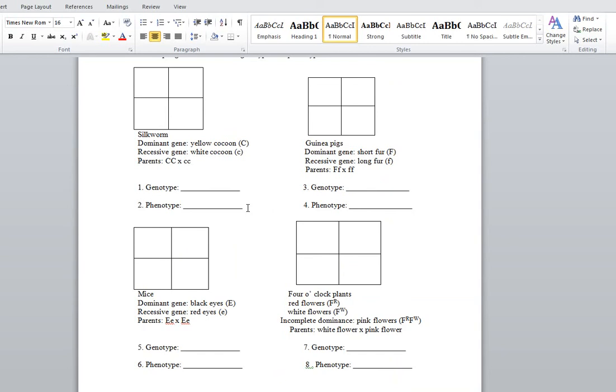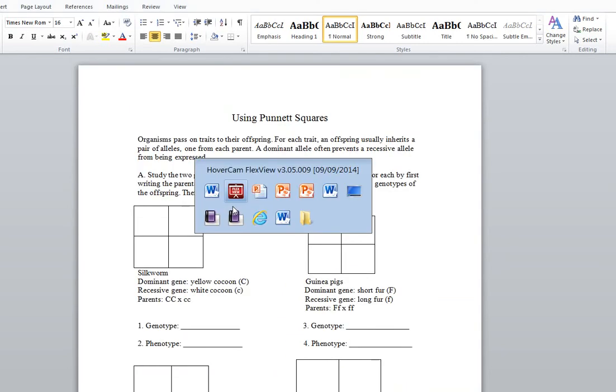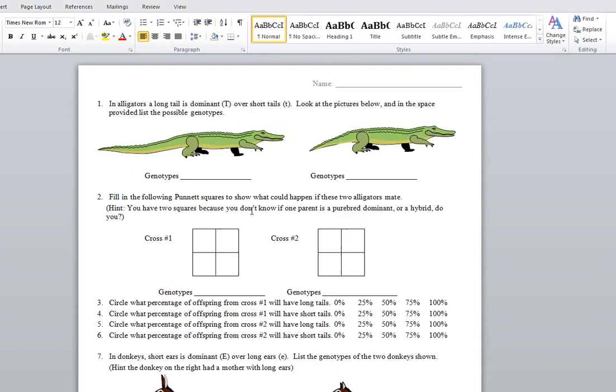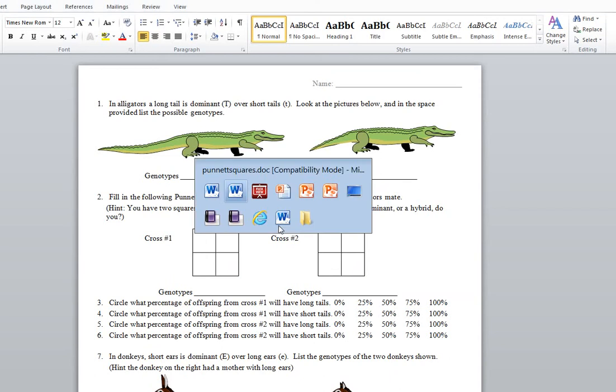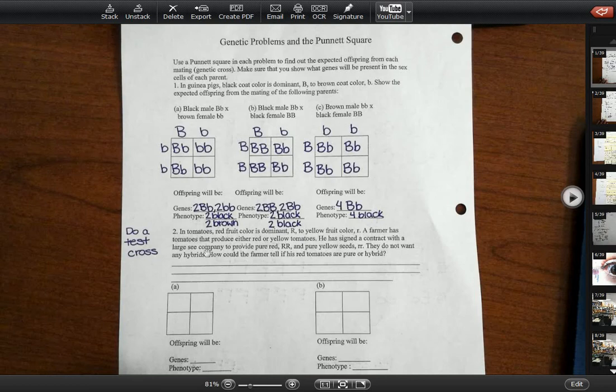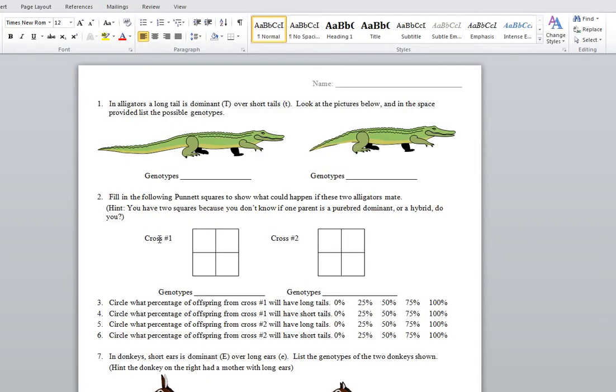Okay. Now take a look at these alligators. Actually, if I can go back, see this problem right here? I said do a test cross. So let's figure out how to do a test cross. So can you tell if this long-tailed dragon is dominant?